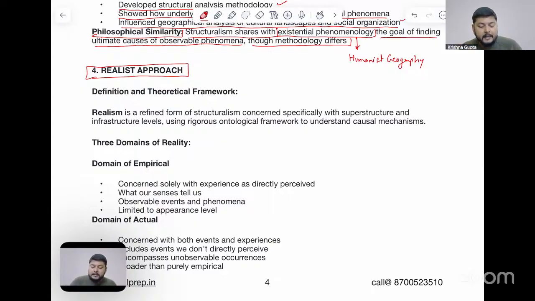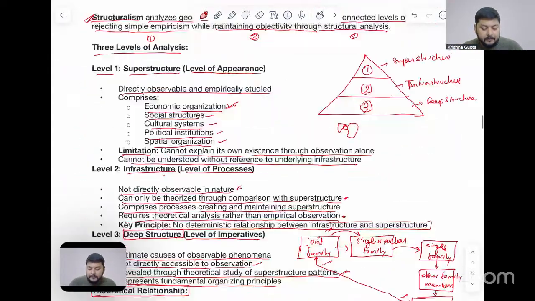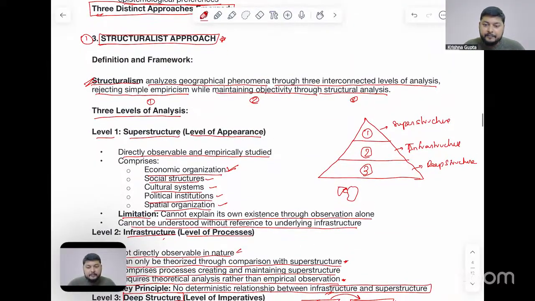Have you understood this concept of structuralism, Urmila?